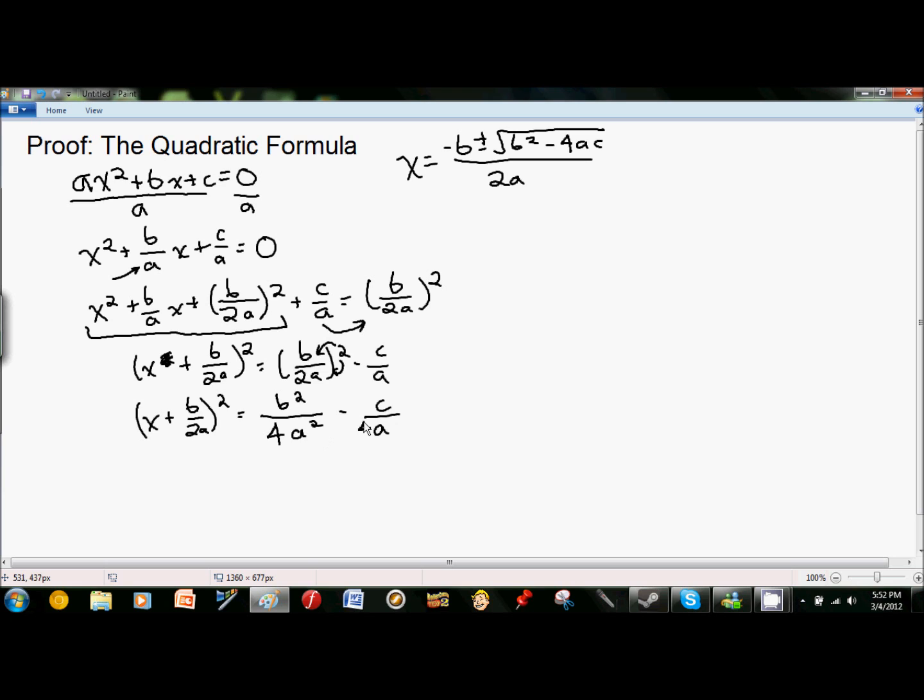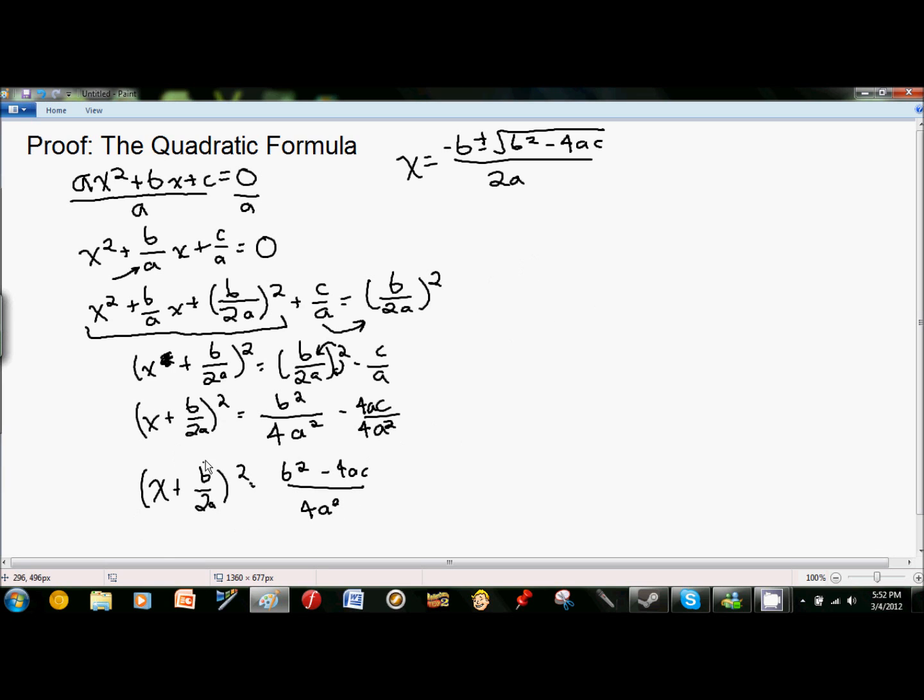So we're going to multiply the bottom by 4a. Since we multiplied the bottom by 4a, we have to multiply the top by 4a. And now we're going to combine those two terms. That will leave us with b squared minus 4ac over 4a squared.